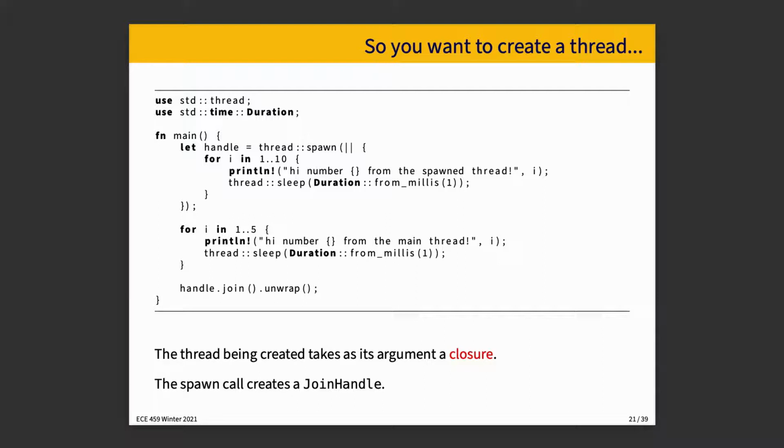All right. There's a lot to work through here before we take this code and work with it, but let's get started. So when we create a new thread, we spawn it, and it takes as its argument a closure. A closure is an anonymous function that can capture some bits of its environment. That is, of course, an informal definition and not super precise, but it gets the job done in explaining what's going on.